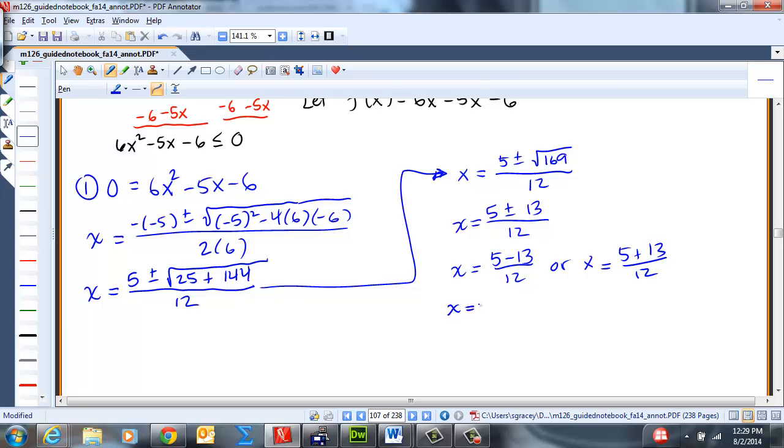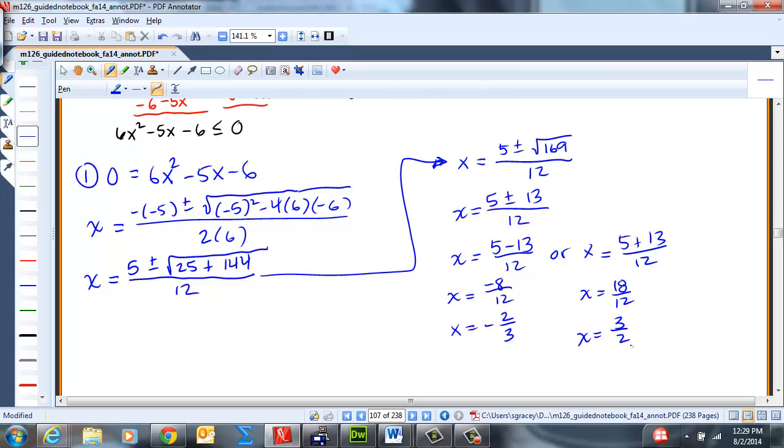So here we would get x is negative 8 twelfths. So x would be negative 2 thirds. This here would give us x is 18 twelfths. So x would be 3 halves. So those are the zeros.